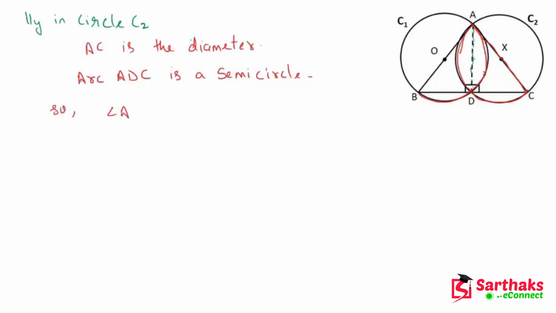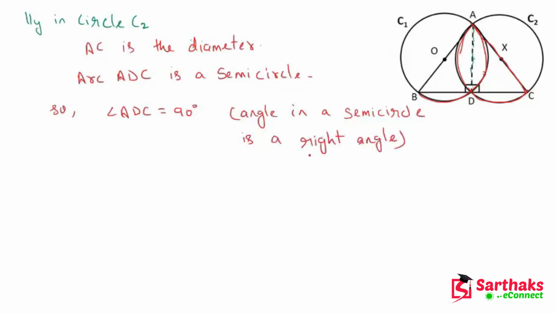So angle ADC is equal to 90 degrees, since an angle in a semicircle is a right angle. Got it, my dear friends? So both this angle and this angle are 90 degrees.